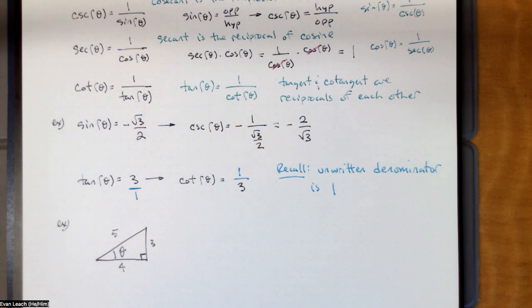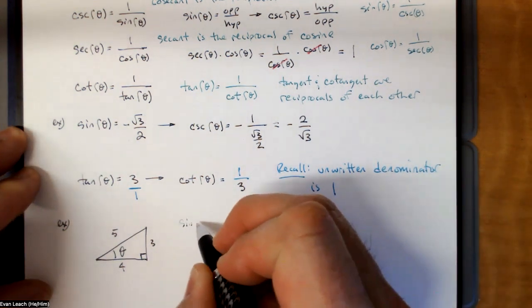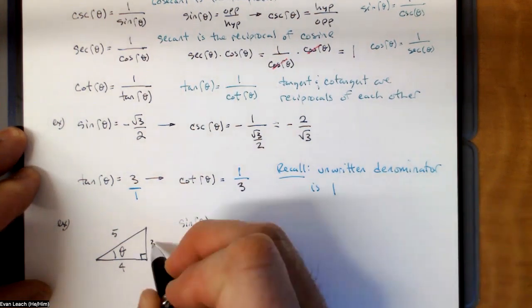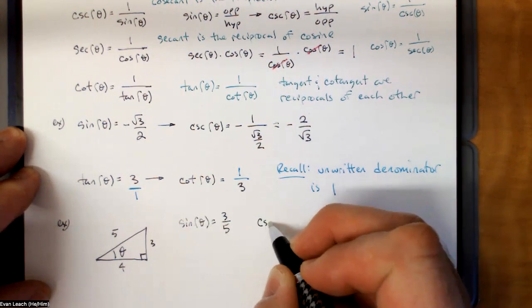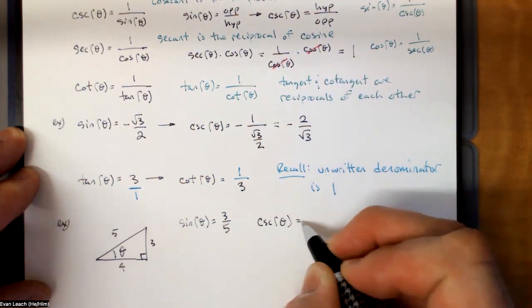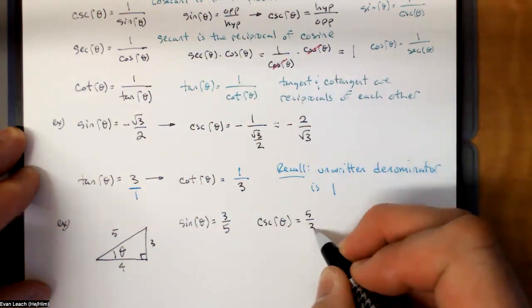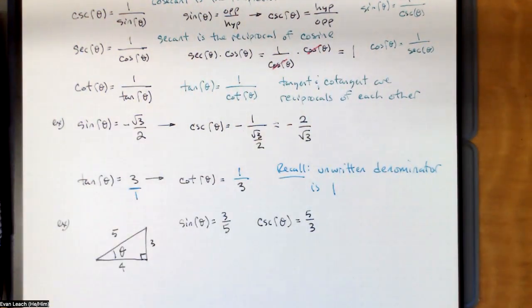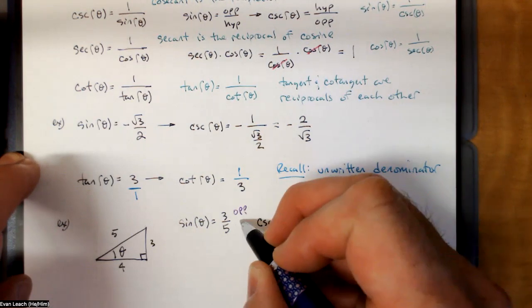Then we should know our opposite, adjacent, and hypotenuse definitions for cosecant, secant, and cotangent. So we know sine of theta is opposite over hypotenuse, so 3/5, and cosecant of theta will be hypotenuse over opposite. Sine is opposite over hypotenuse, so the reciprocal is hypotenuse over opposite.